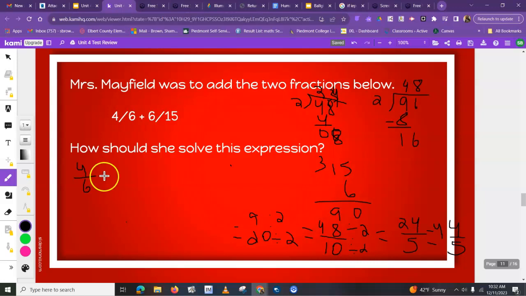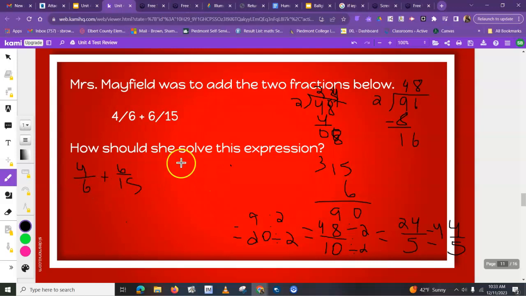So 4/6 plus 6/15. I'm adding because it says if Ms. Mayfield was to add the 2 fractions, how should she solve this expression? So I know I have to find my LCD because I need a common denominator.